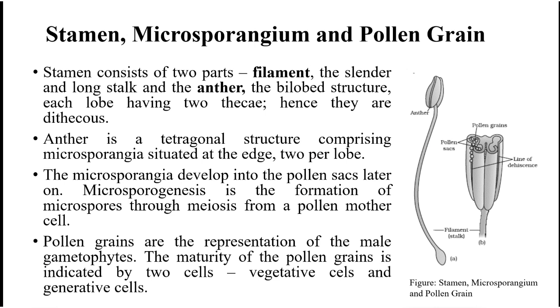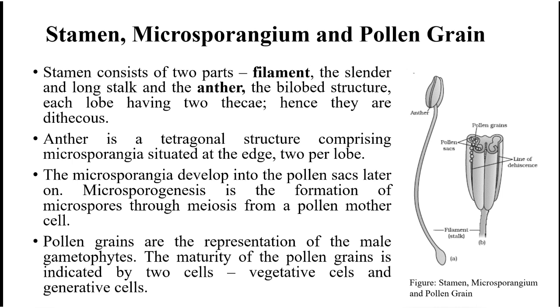This is a very basic video. Today I will only discuss the steps of the life cycle of a higher plant or angiospermic plant, how reproduction occurs in higher plants or angiosperms.